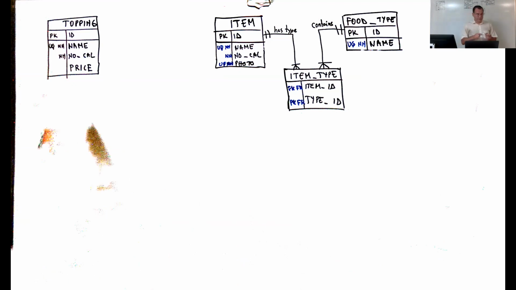Now, the next difficult question will be, what's the relationship between item and toppings? And moreover, here I have kind of two relationships that we need to discuss, and we'll discuss them in a moment.